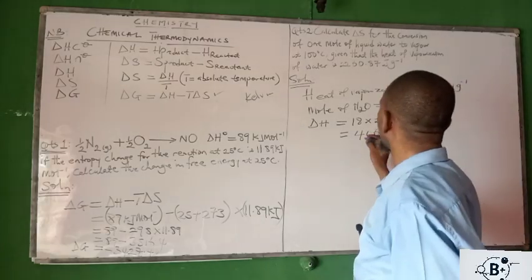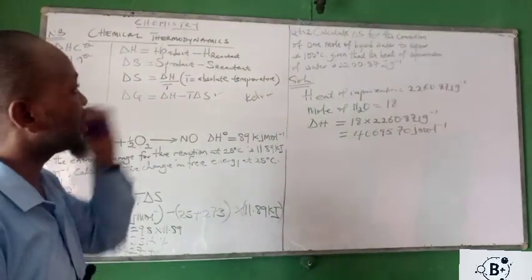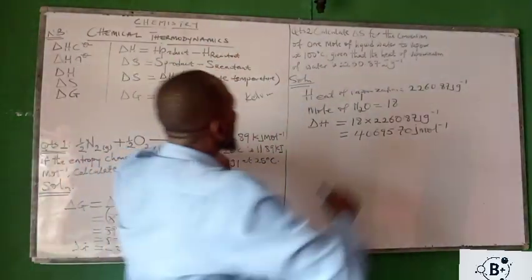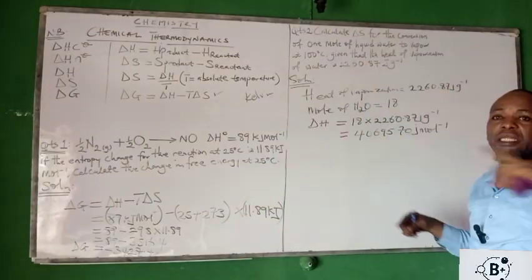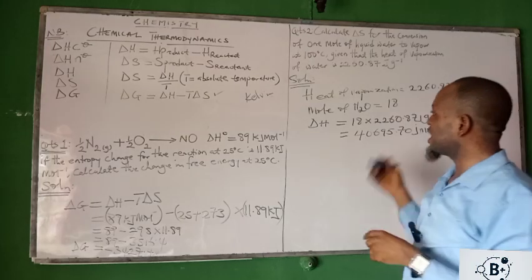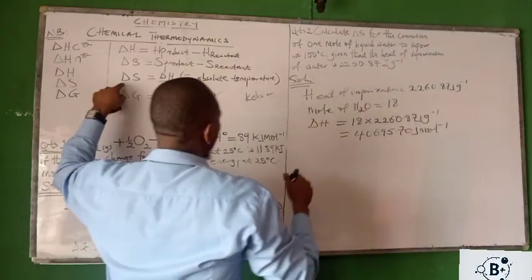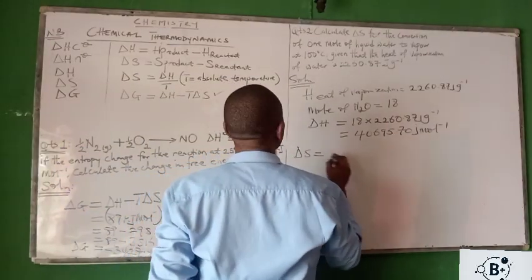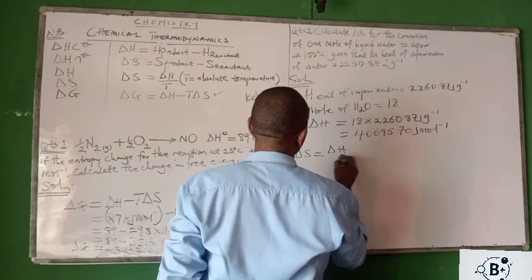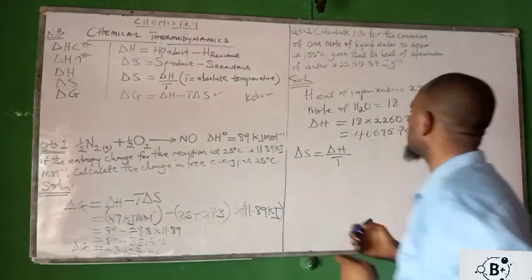So this is what we have as change in H, but this is not the final answer. The question is asking us to calculate the change in S, that is the entropy change. And to get entropy change, we have a relationship that says change in entropy is equal to the change in heat, or the enthalpy change, over temperature, that is the absolute temperature.